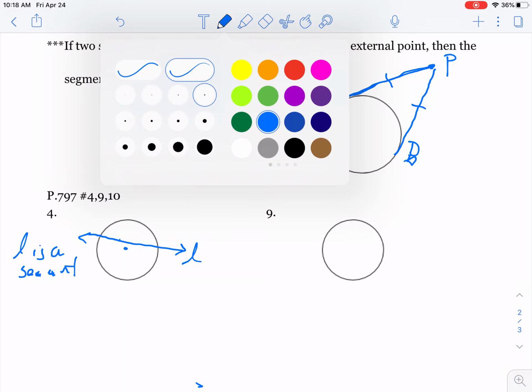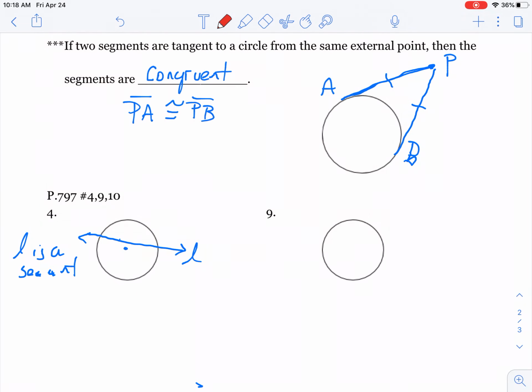Next, the next thing it lists for us goes right through the middle here. Okay, and that's F and E. Okay, FE is a chord, and notice that chord we've also called the diameter since it goes through the center.